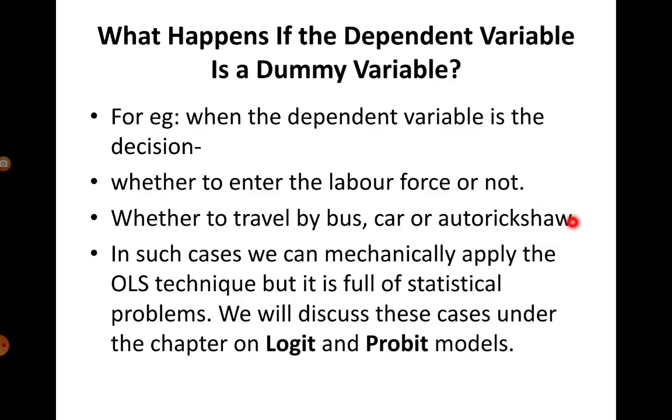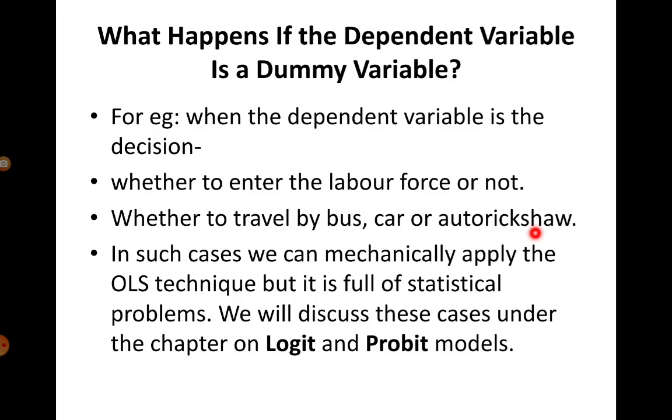You can think of a categorical variable which has more than 2 possibilities. So your choice of transportation from home to college, whether you want to travel by bus, by car, or by auto rickshaw. Now, what affects this decision? Your income levels would be a good explanatory variable. Whether you're male or female could have an influence on the mode of travel that you choose.